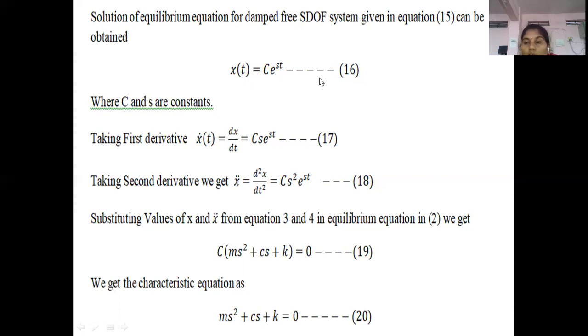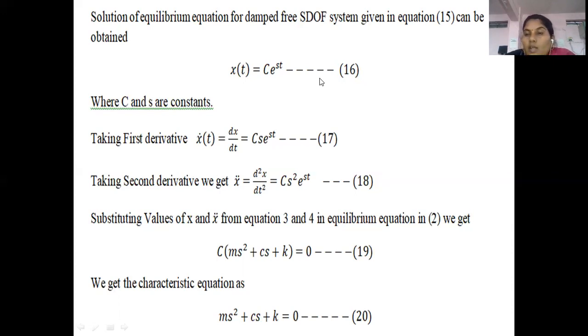It can be obtained as x of t is equal to C into e raised to st. That is the equation number 16. Below this, write down where C and s are constants.